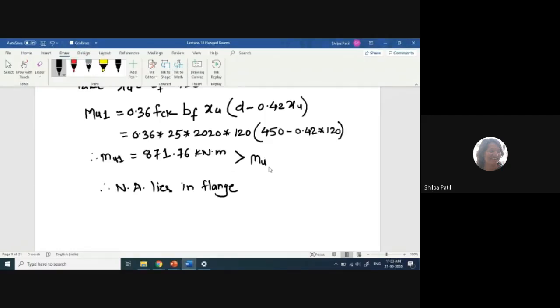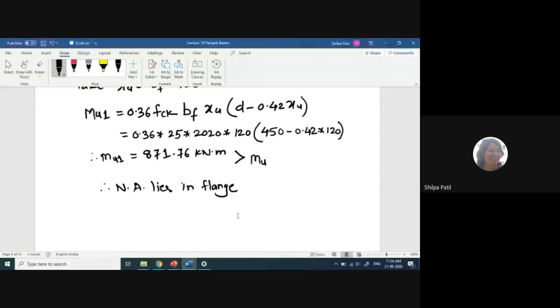So this is the procedure, but for the sake of simplicity we always do the design in this fashion. Now what to do in the exam, that will be your next question. Suppose in the examination my MU1 value is coming less than MU, should I proceed to the next step, that is consider XU equal to 7 by 3 DF and do the further calculation? Those calculations will become complicated again.